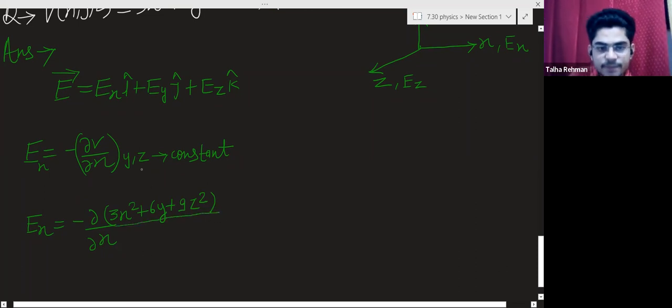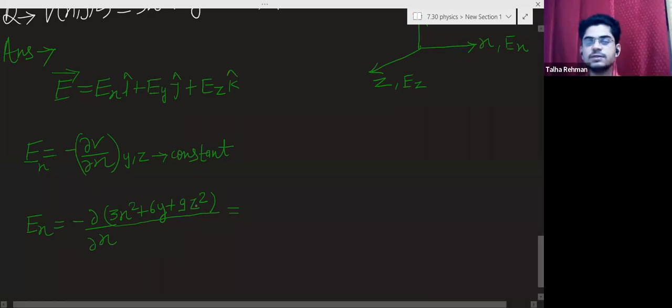So I have told you that you should keep y and z constant. Y and z constant means that the differentiation of y and z will be zero now, because y and z are constant here. The differentiation of a constant is zero.